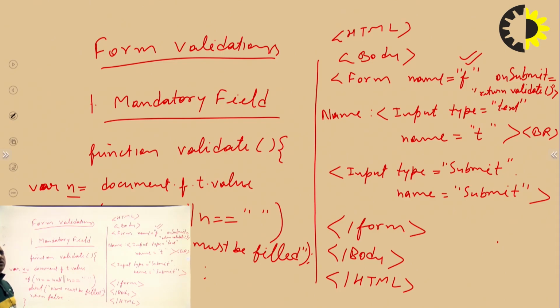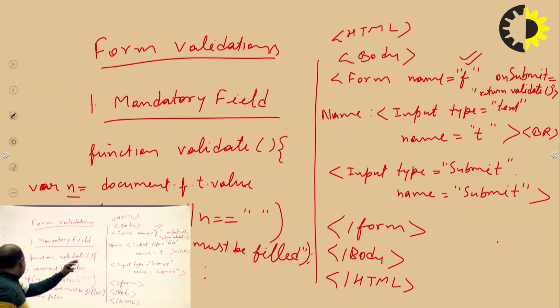Some value should be entered over here. If it is blank, then this alert window will pop up with a message that name must be filled, and it returns false, which means it will automatically return back to this text field and the pointer will be there, the user will enter and now submit.